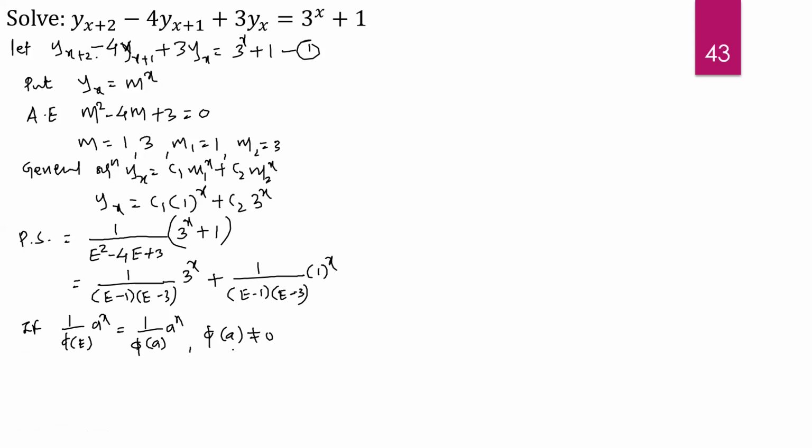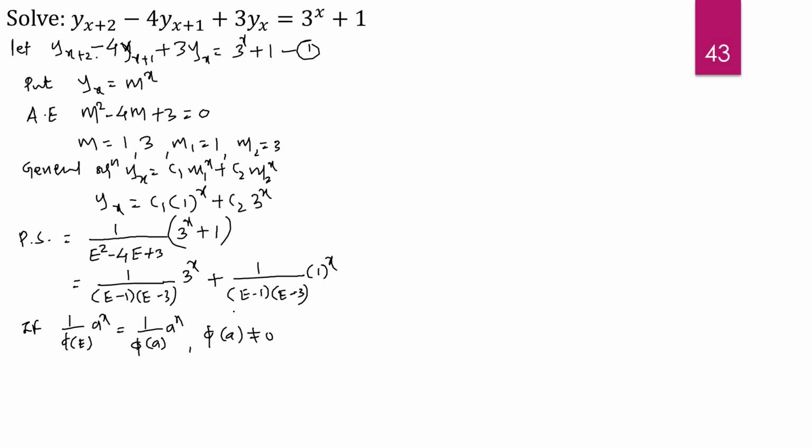When we put E is equal to 3, there is no problem in the first factor, but here it is 0. Similarly, when we put E equal to 1 here, then 1 minus 1 is 0. So here we get 0 in both cases.